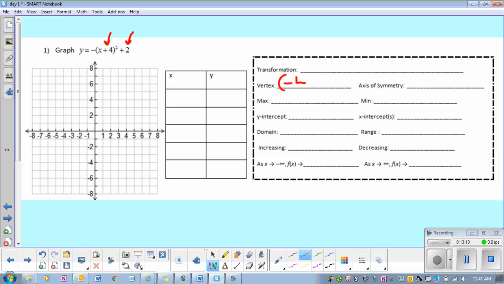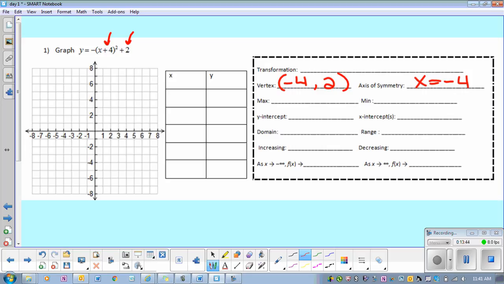Negative 4. And what's my k number? 2. So there you go. My vertex is negative 4, 2. So if I know my vertex, what's my axis of symmetry? x equals what? Negative 4. Good.